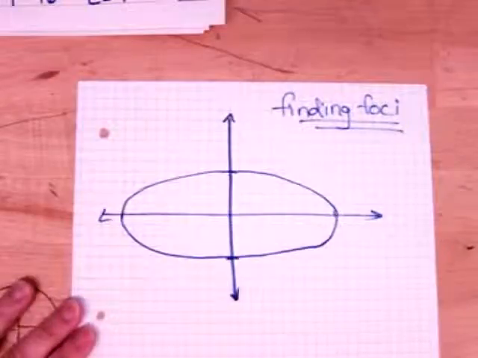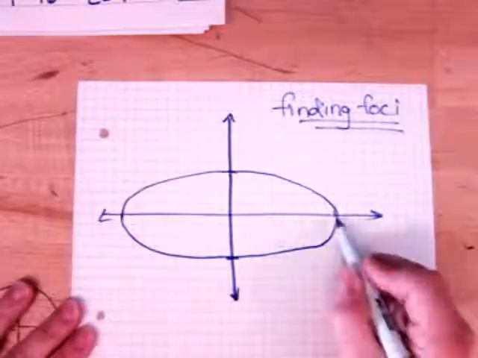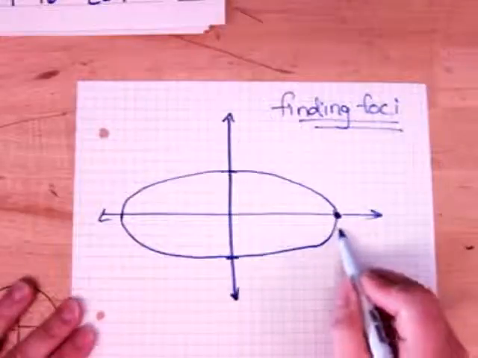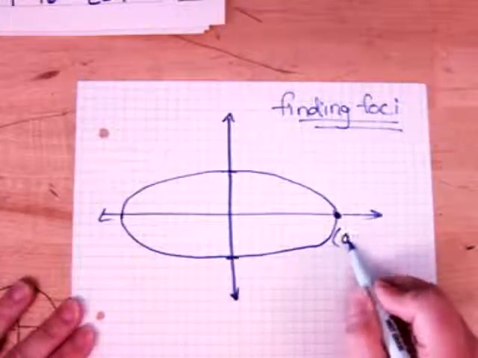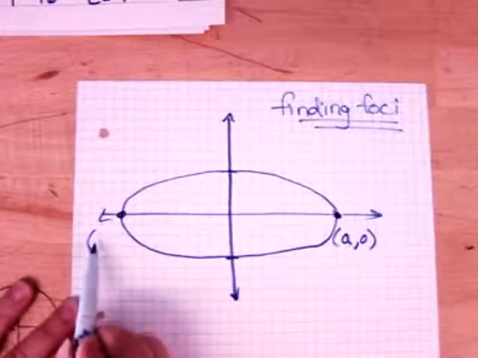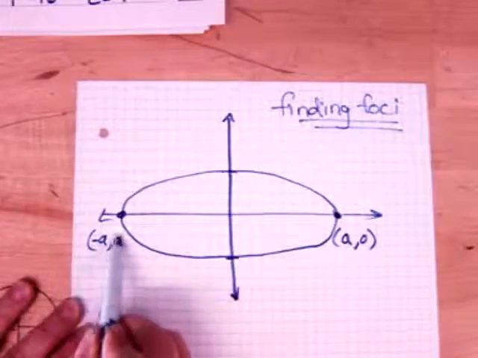So here I have an ellipse. Is it horizontal or vertical? Horizontal. So that means that the coordinates of this are going to be (a, 0). What's going to be the coordinates here? (Negative a, 0).